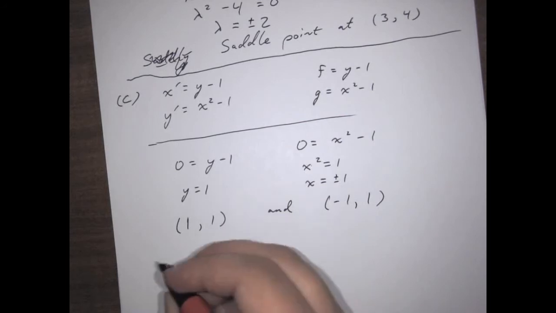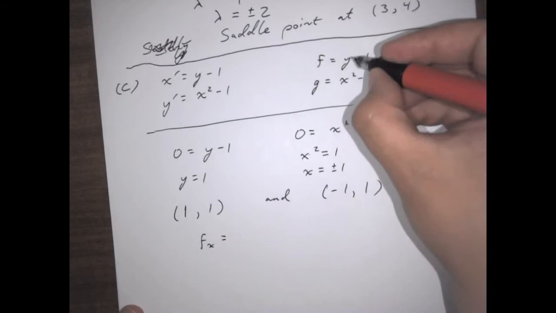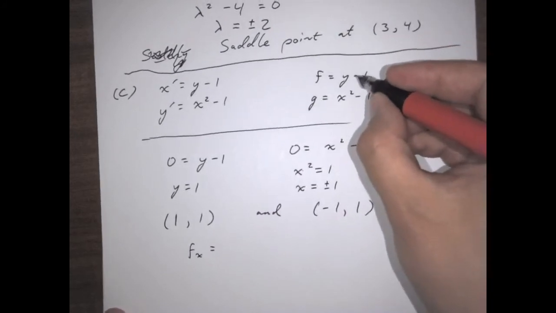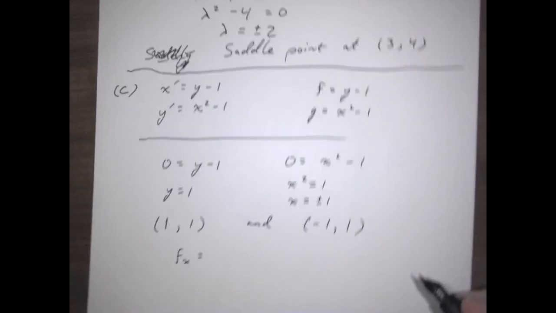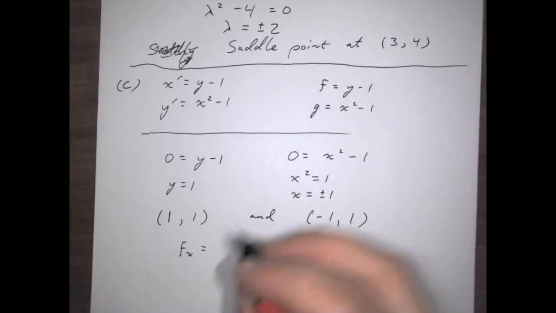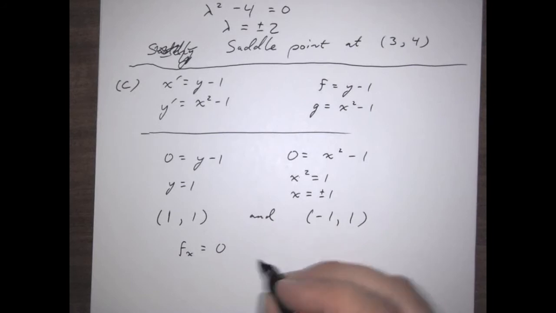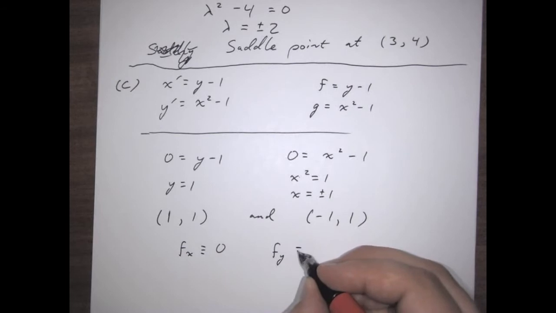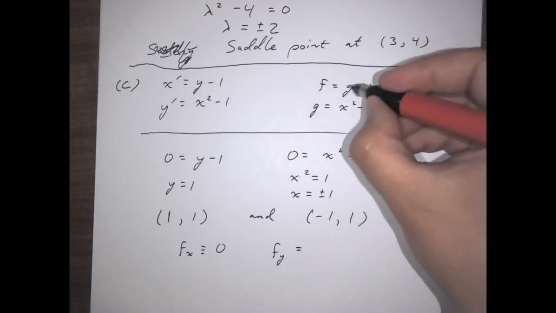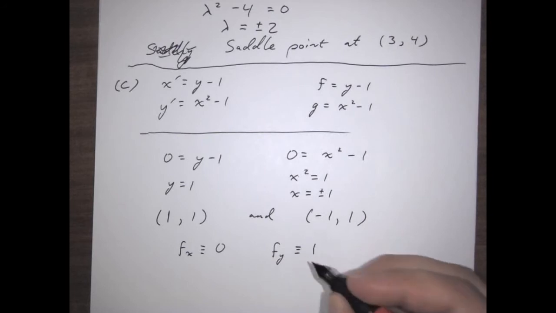Now, f sub x is going to come from taking the derivative of this function up here with respect to x. But there is no x involved there, so it's going to be 0 minus 0, 0. F sub y is going to be 1 minus 0 equals 1, and it's identically equal to that.